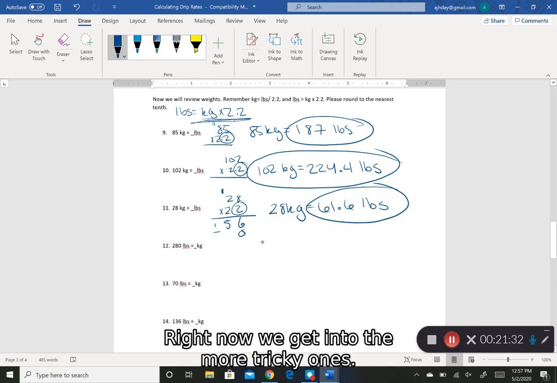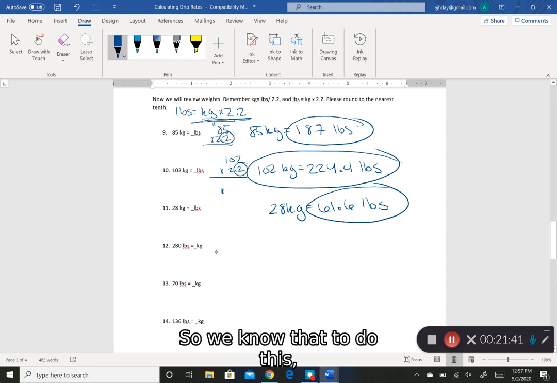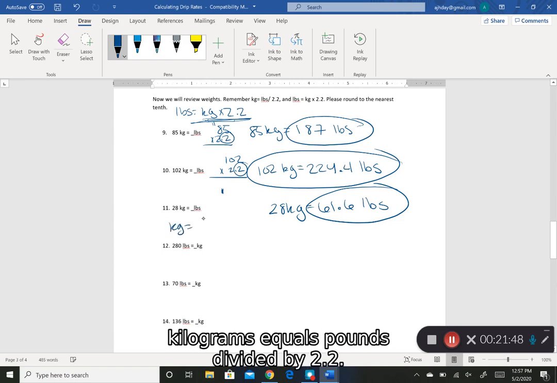All right, now we get into the more tricky ones. We're going from pounds to kilograms. So we know that to do this, kilograms equals pounds divided by 2.2.